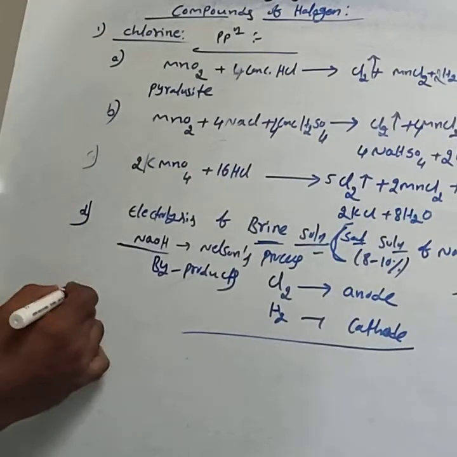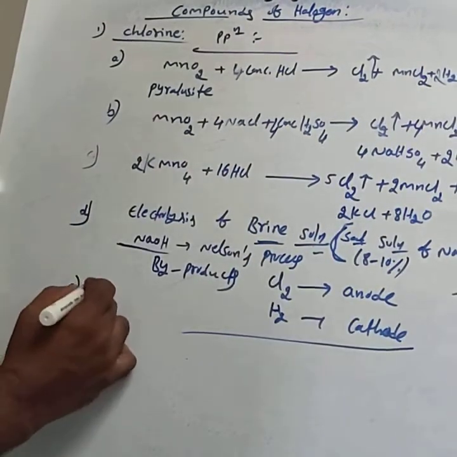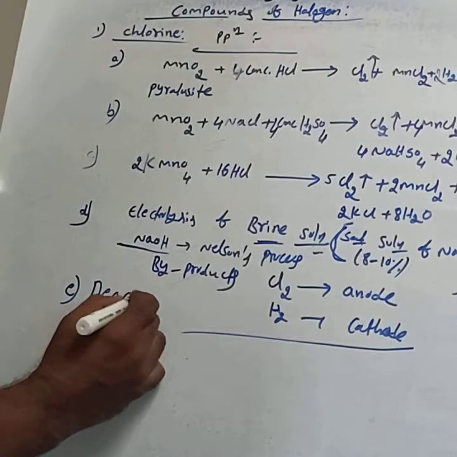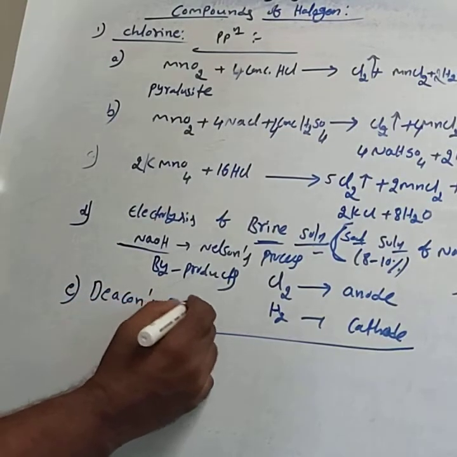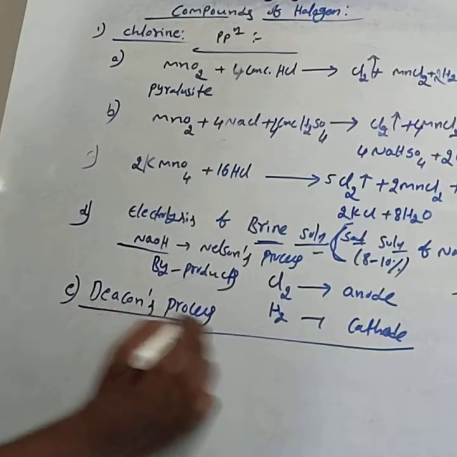Then the most important method is Deacon's process. This is a very important one.